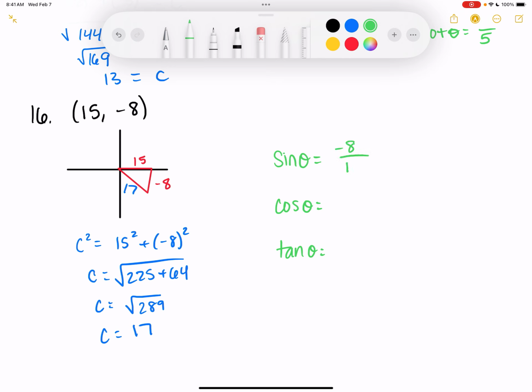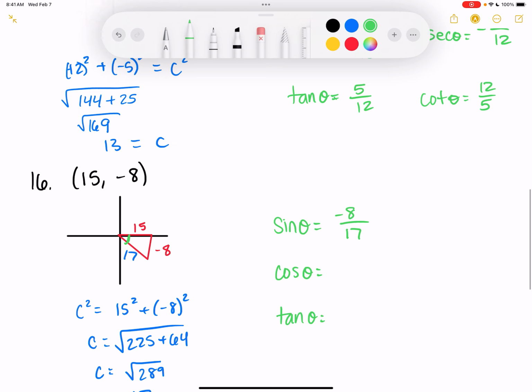Wait, how do we know where the angle is? The angle is always going to be at the origin, from the x-axis to whatever that is. Isn't there a way to memorize what you do for each one? Like for how to find these? Which one is opposite and hypotenuse?